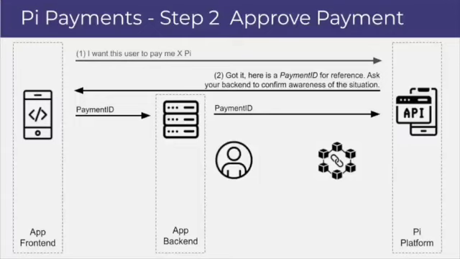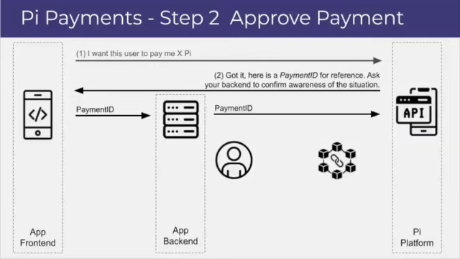We're assuming that if the payment ID reaches the app backend, there is a very high likelihood that it has been correctly recorded in the app's database. Everything could always go wrong, but this is a mandatory step to at least know that it somehow reached the app backend, and then it gets sent to the app platform through a process that is called payment approval.